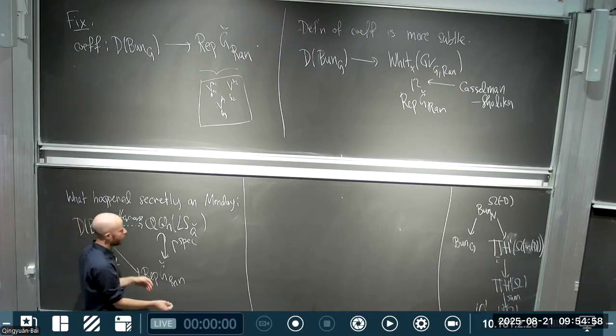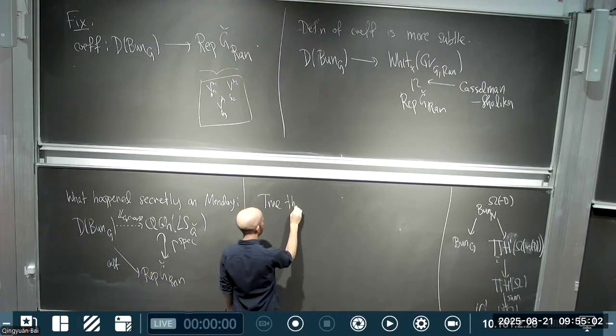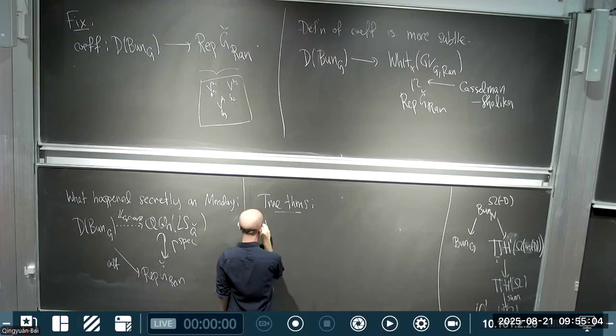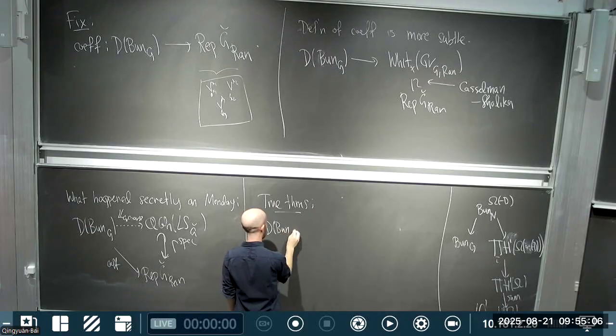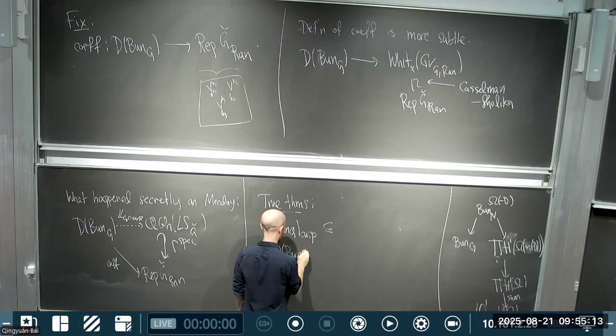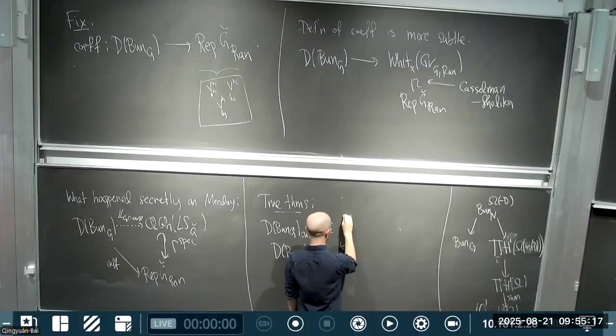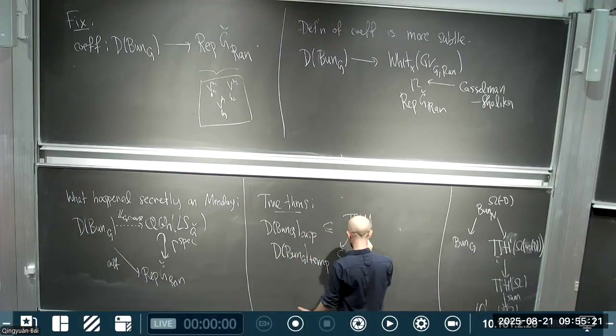Let me just say some true theorems, which are that if you take D of Bun_G cuspidal, this is contained inside of D of Bun_G tempered, and this is contained, again, the big theorem, is that this is contained inside of this Rep of G check, bounded.